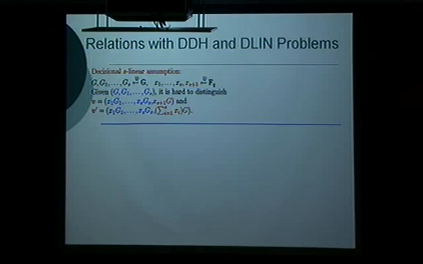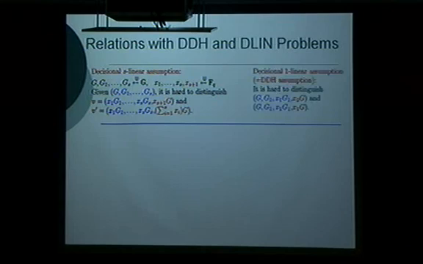The first is X1 times G1 through XS times GS, and X times G, with the last being a summation of the coefficients times G. In the other case, it is just a random element of the group. The difference is in this part, a scalar multiplication. So this is a general case of the DDH problem.